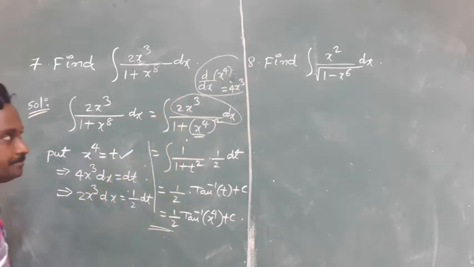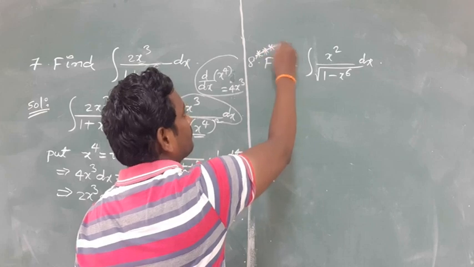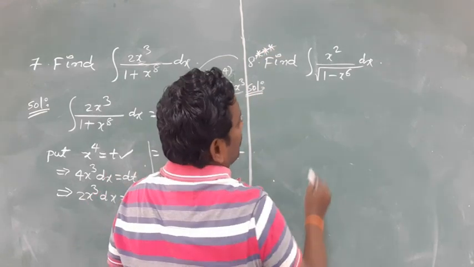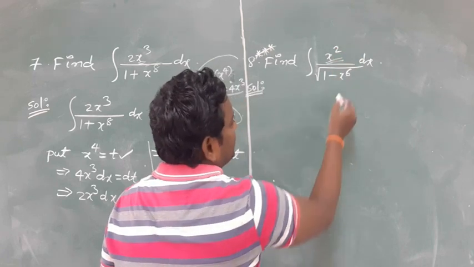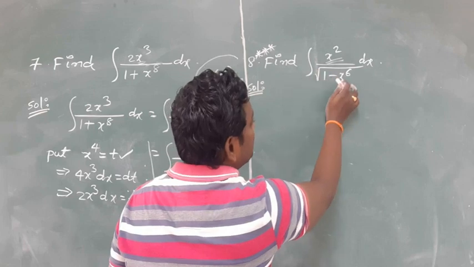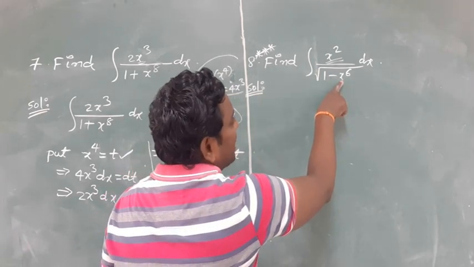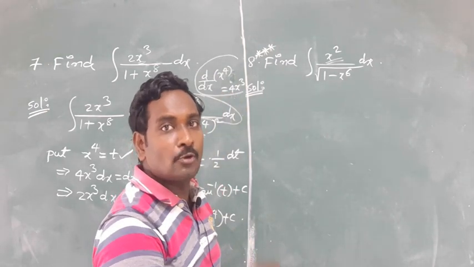See the next one. This is an important problem. Solution. In the numerator we have x square. In the denominator we have root over 1 minus x power 6 dx. So x power 6 can be written as x cube whole square.